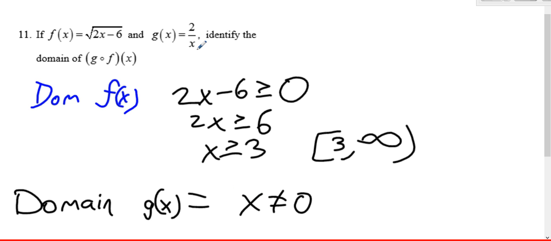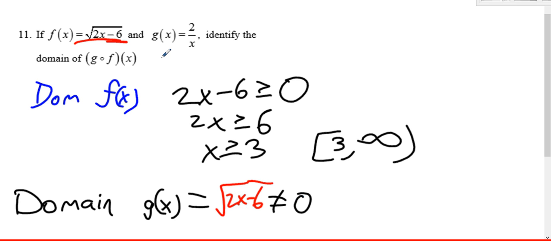But we actually don't care about just the denominator there. We care about plugging f into g. So instead of x, we're plugging f in there. So the square root of 2x minus 6 is not allowed to be 0 because that's what gets plugged into g.